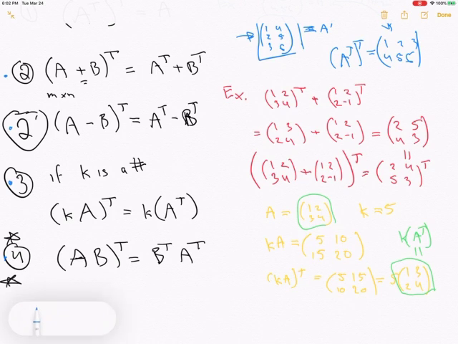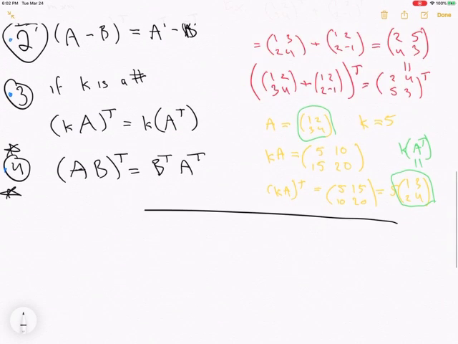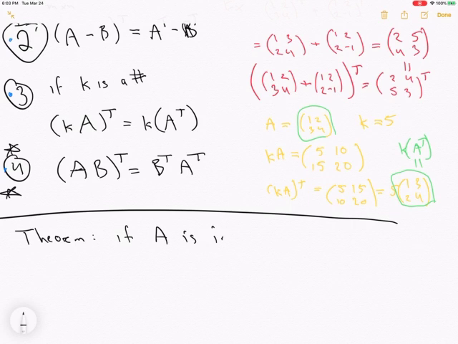And let's do one easy little theorem. So last but not least, here's a little theorem. So if A is invertible, so in particular that means it's square, then the transpose matrix is also invertible.